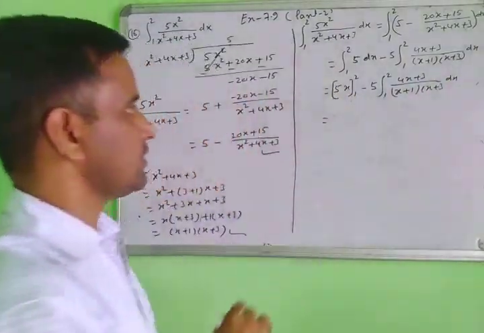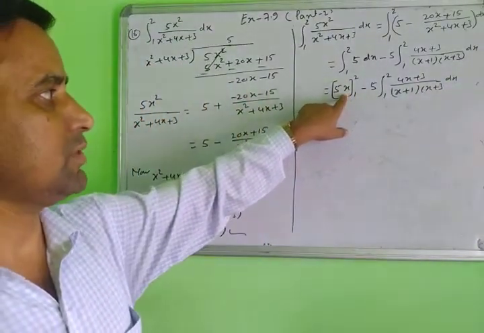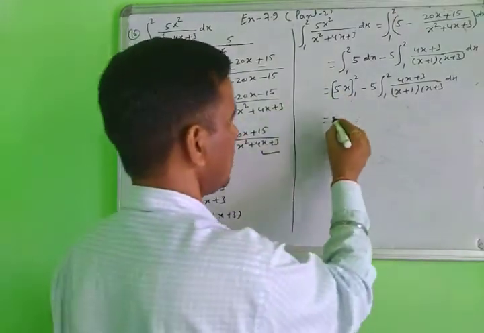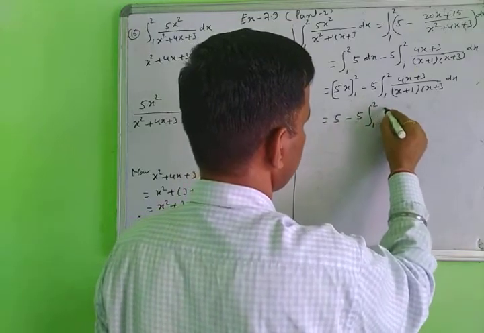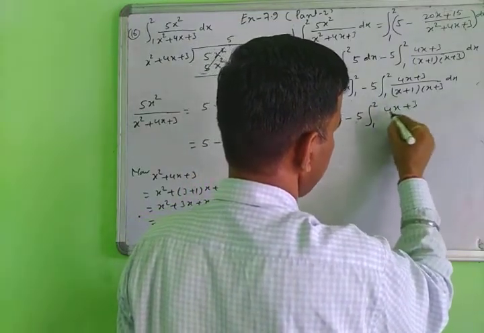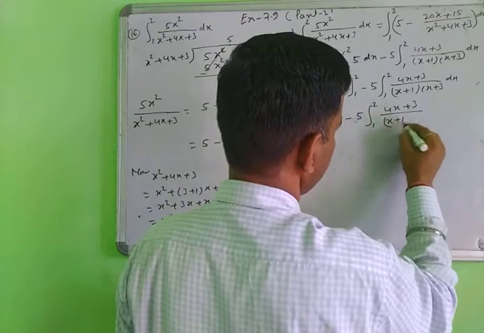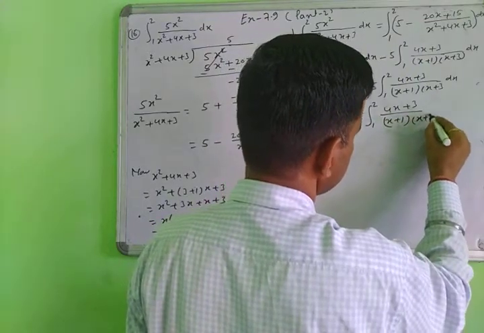After solving this using the limit, 5 times 2 is 10, 5 times 1 is 5, only 5 is left here, minus 5 times integration from 1 to 2 of (4x plus 3) upon (x plus 1)(x plus 3) dx.